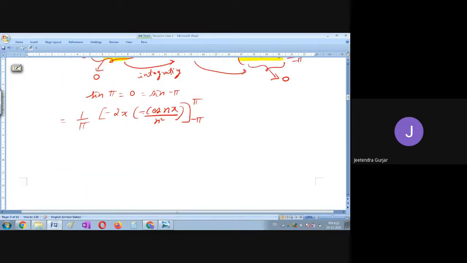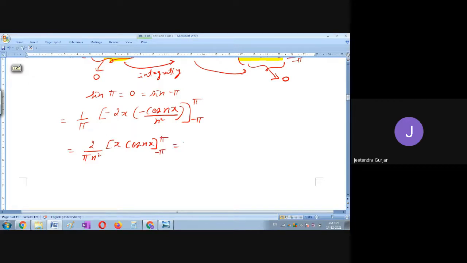Okay, minus minus will become plus. 2 we can take outside, constant, n square is constant, I will take it outside. So this is 2 divided by pi n square. In the bracket we remain with only x cos nx in the interval minus pi to pi.